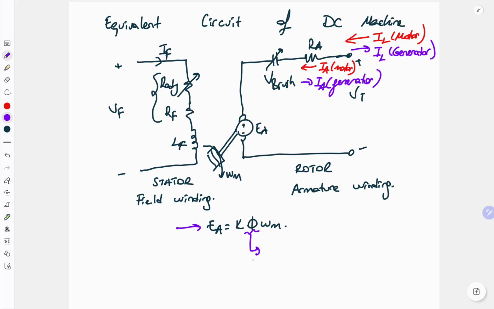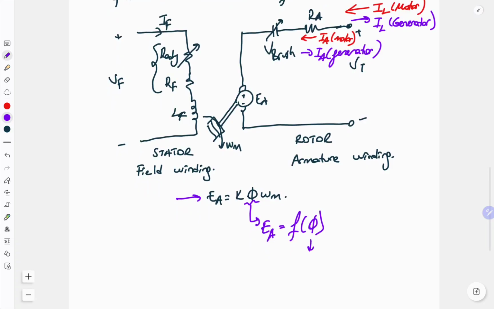So we can say EA will be a function of flux during constant speed, and the flux is a function of B, the magnetic field density, because B times A, the cross-sectional area, gives us the flux, and we cannot change the cross-sectional area.